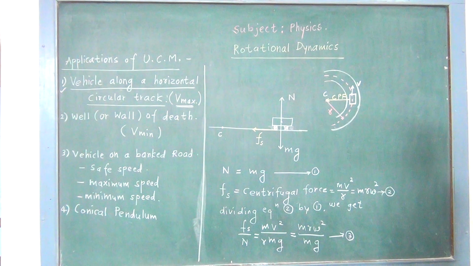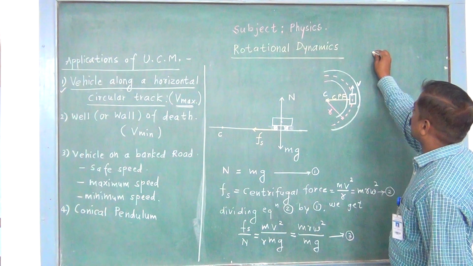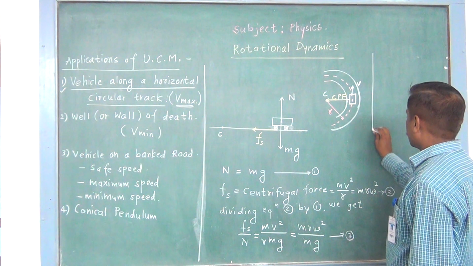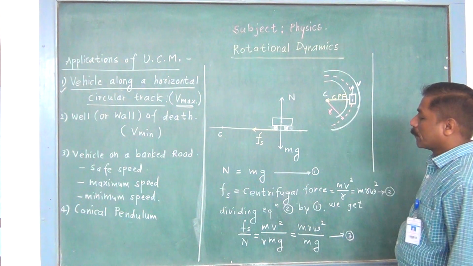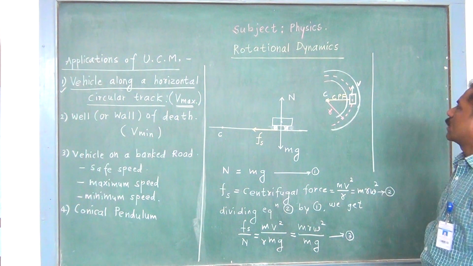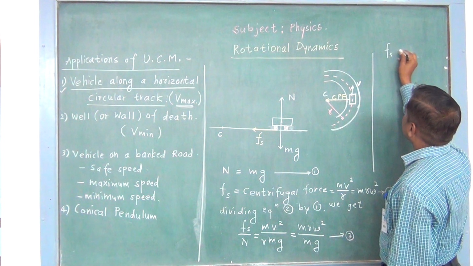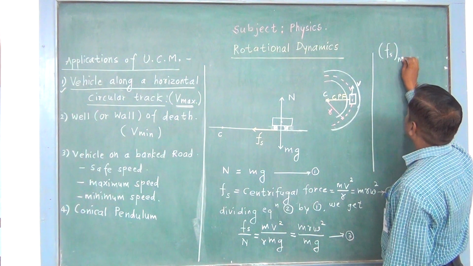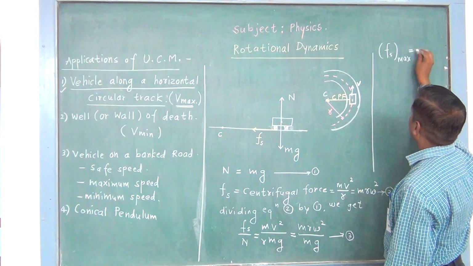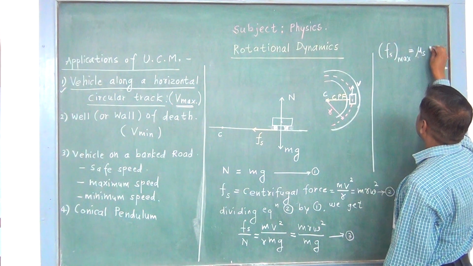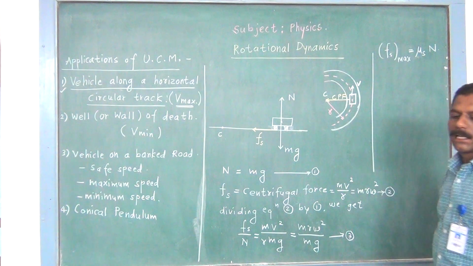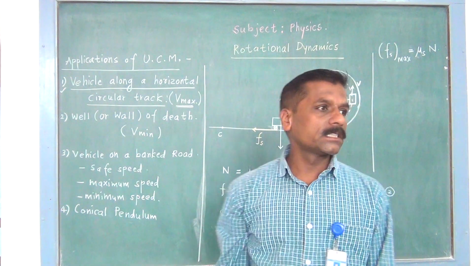In the 11th standard we have studied the frictional part. With the help of static friction, we know the relation: if it is the maximum, then Fs maximum is equal to mu s into N. This relation we have already seen in the 11th standard.